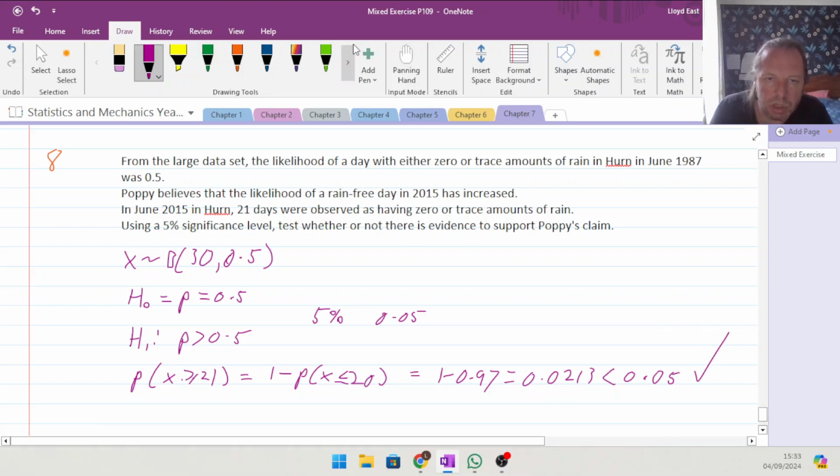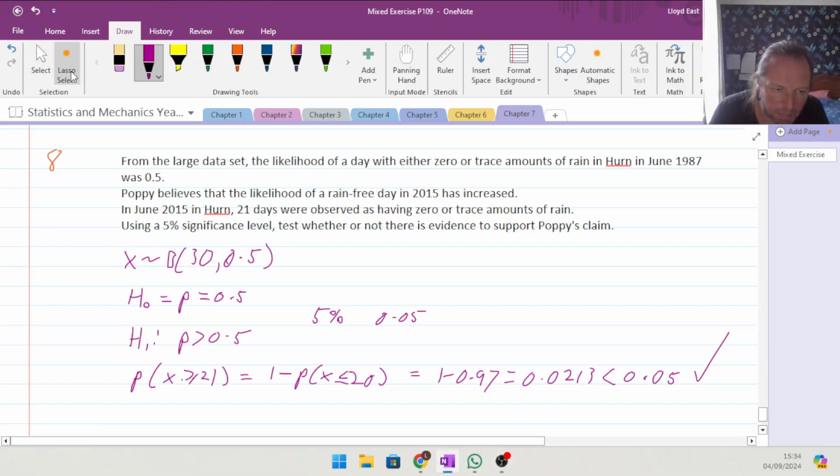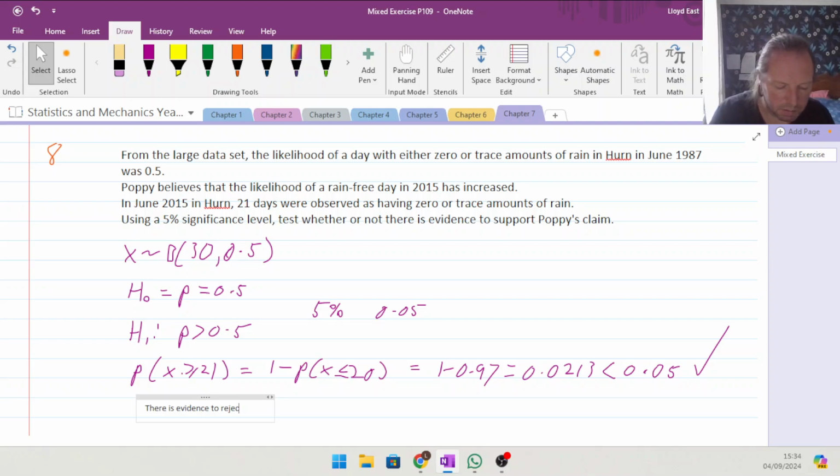Okay, so we can say that there is evidence to reject the null hypothesis and accept the alternative hypothesis.